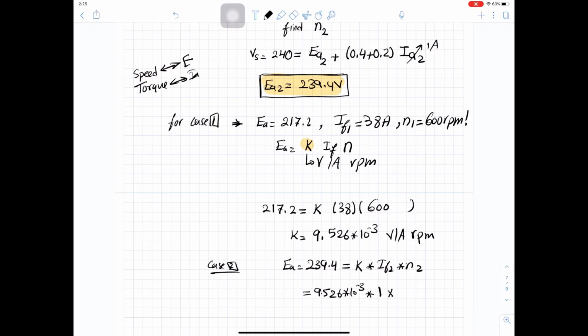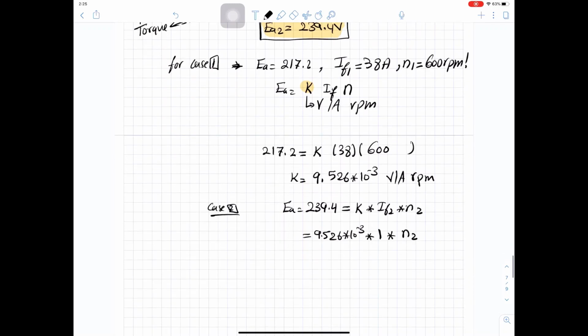IF2 is 1 ampere multiplied by N2. So the only unknown here will be N2. So N2 will be 25130.38 RPM. So this is the no load speed.